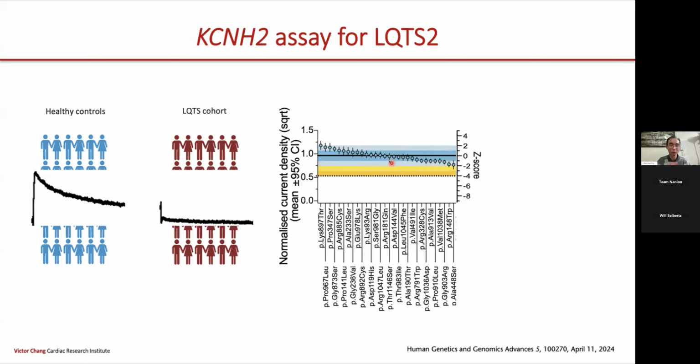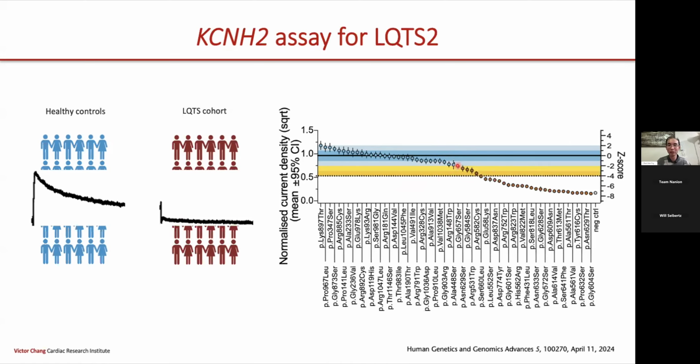This is to say that we can capture the biological variation from variants that exist in the population, so that when we call something abnormal function, it is very likely to be abnormal. So anything below -2 would be considered as having abnormal function. This would capture 95%, as opposed to the full standard deviation.